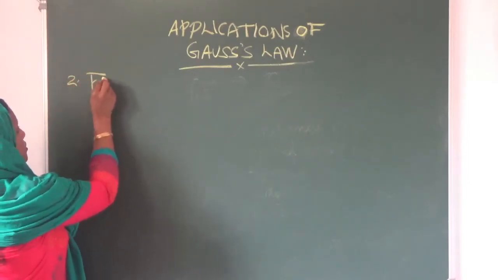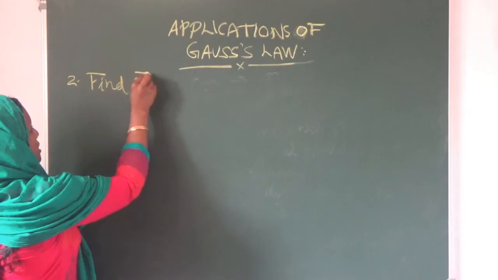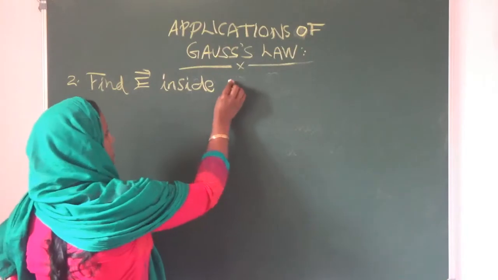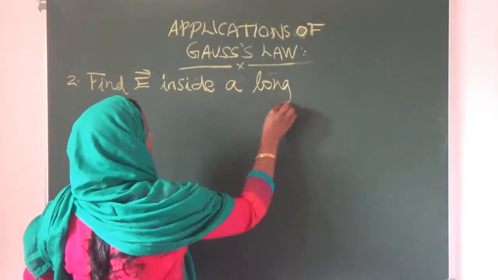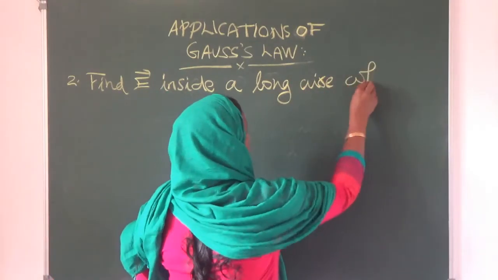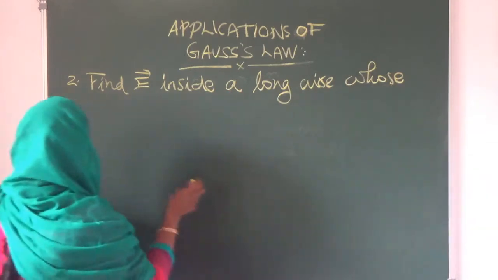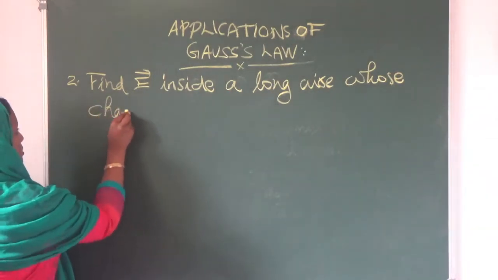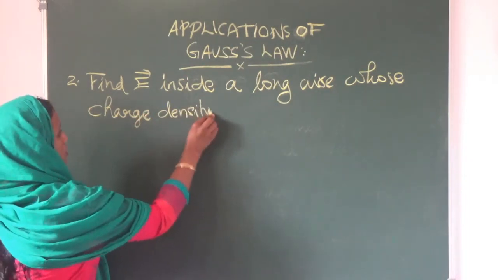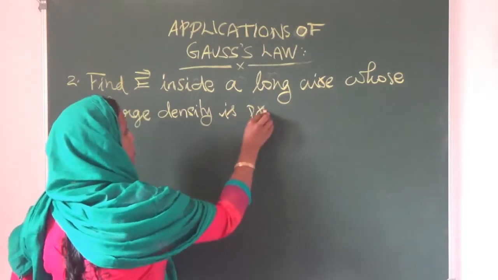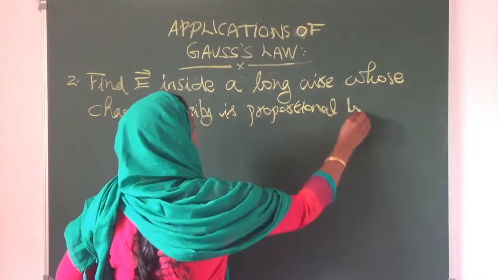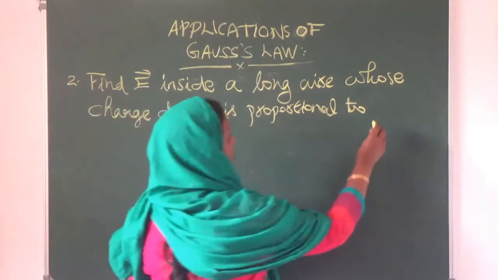Find the electric field inside a long wire whose charge density is proportional to the distance from the axis.